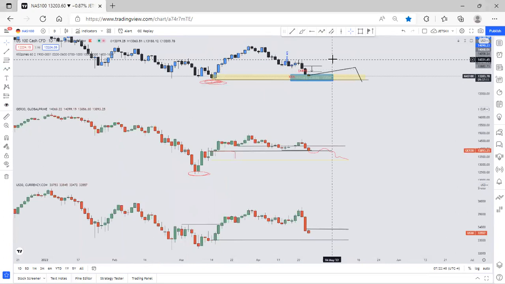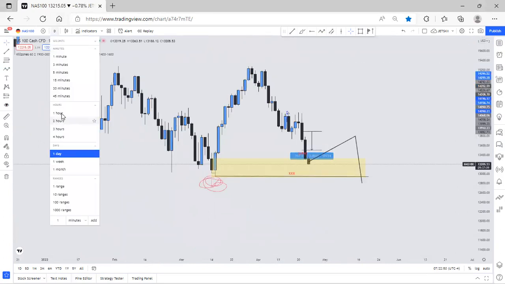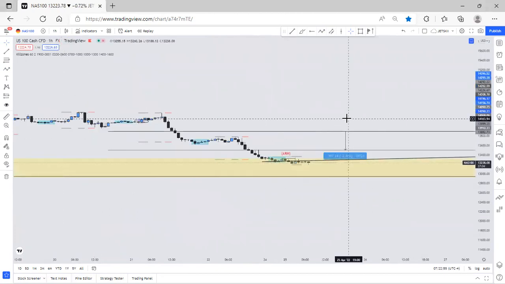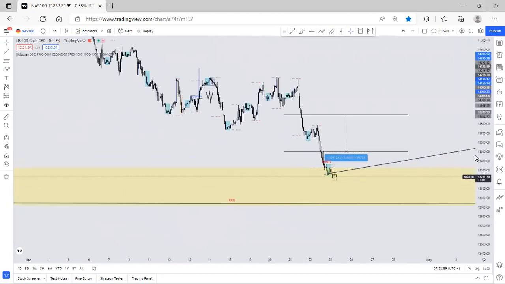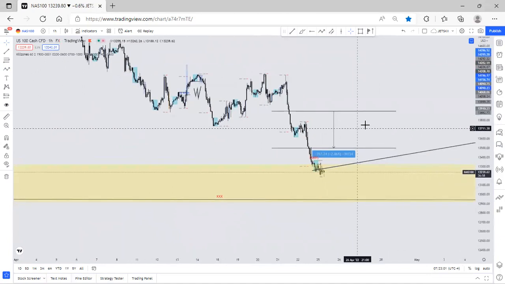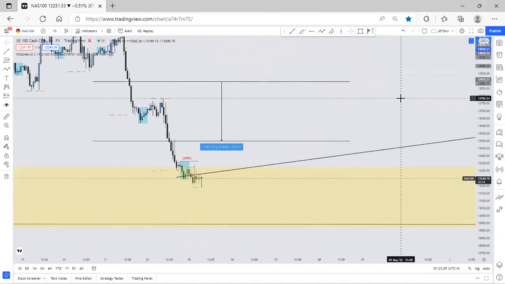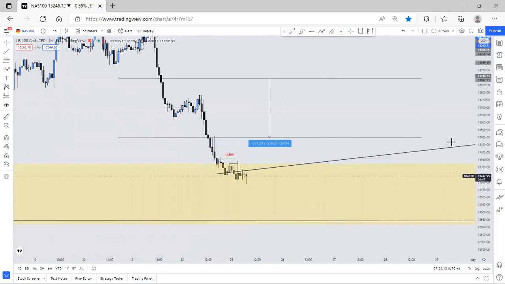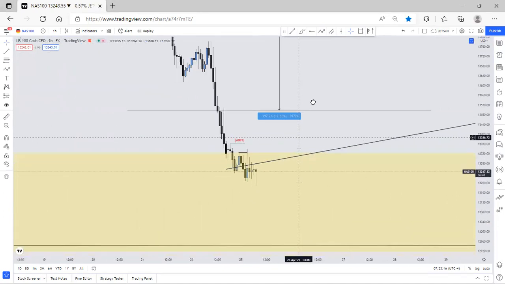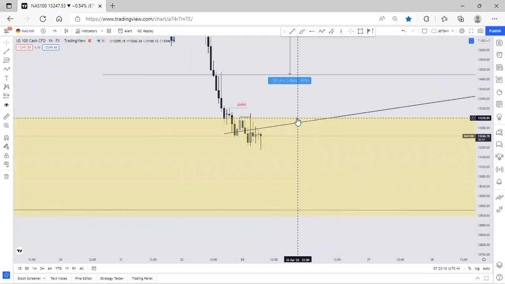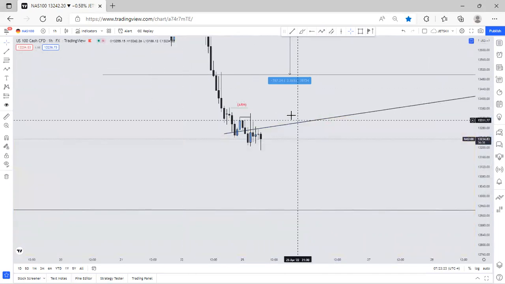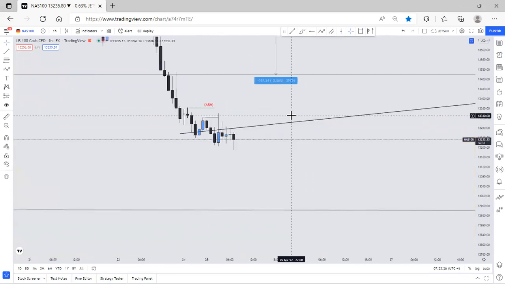Now let's go back to Nasdaq here on 1 hour. One hour here, I have set up. Okay, the setup. Okay, here, well, what's happening? Let me remove this. I hope that thing is still there, because now the setup, what is happening here?